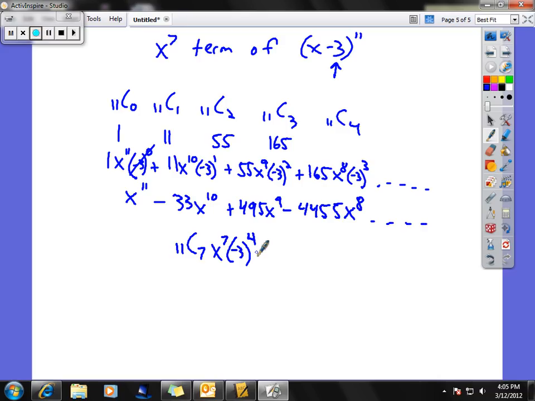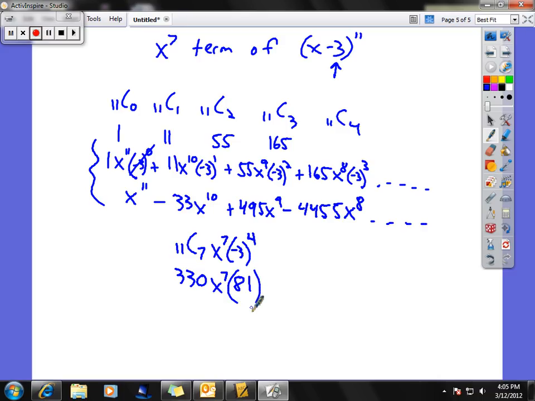Okay, so we don't have to do all of this stuff. You can just jump straight to that term. All right. So now we can simplify this. 11c7 is 330. x to the 7th. Negative 3 to the 4th is what? 81.